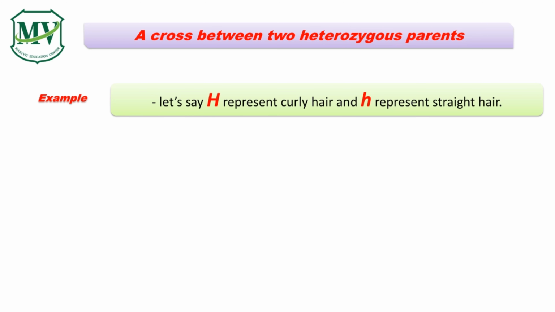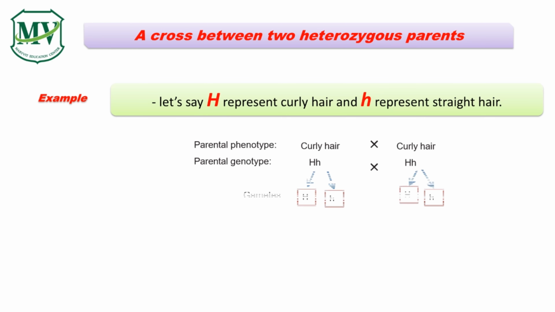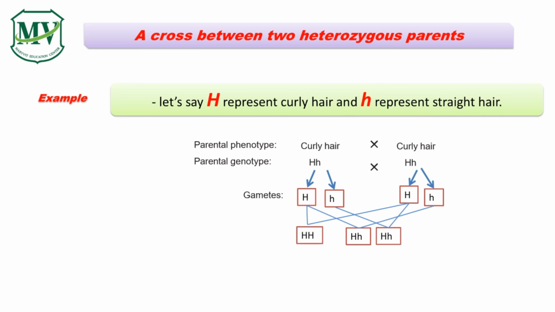Last example is a cross between two heterozygous parents, while referring to the same information. As we can see, as we cross the two heterozygous genotypes of both parents, in the result, there is one homozygous dominant, two heterozygous, and one homozygous recessive genotype.